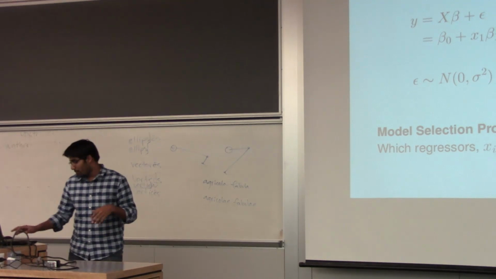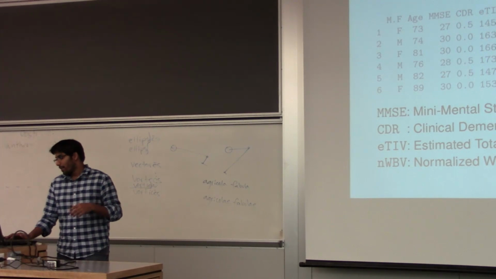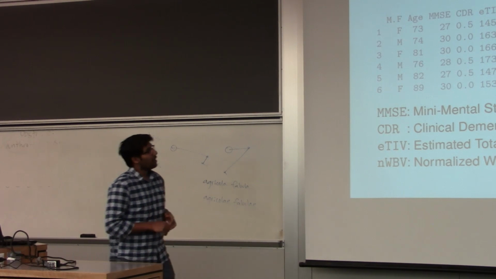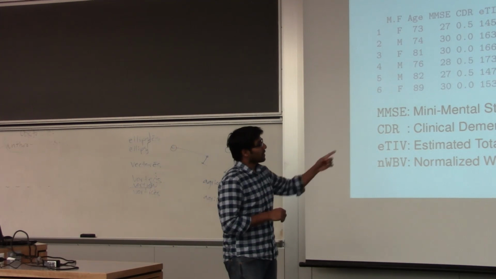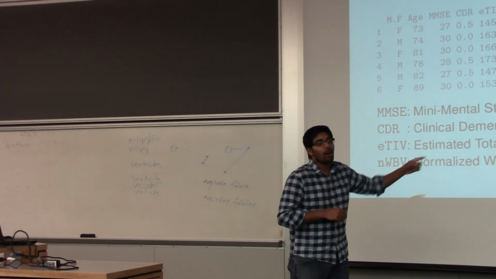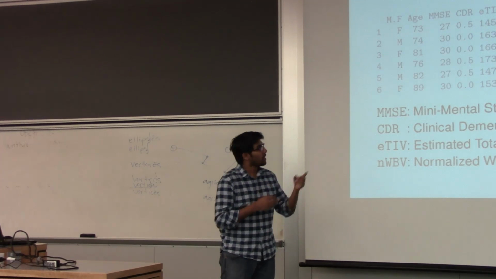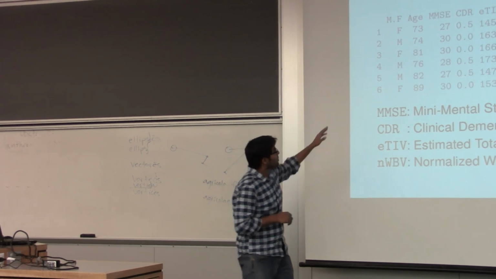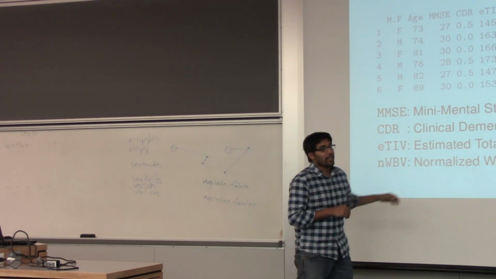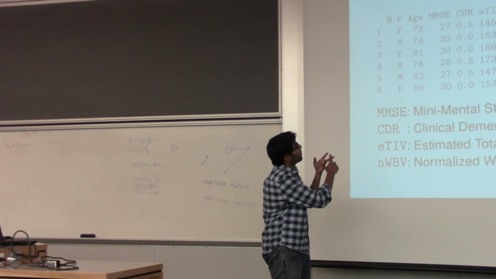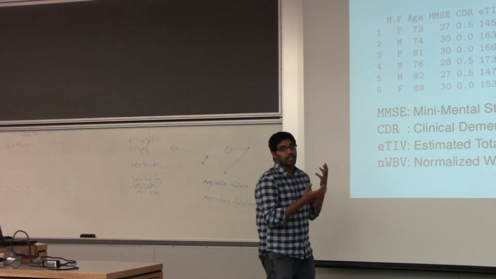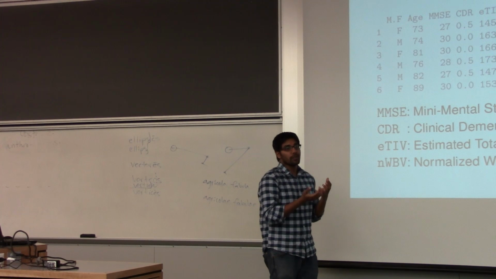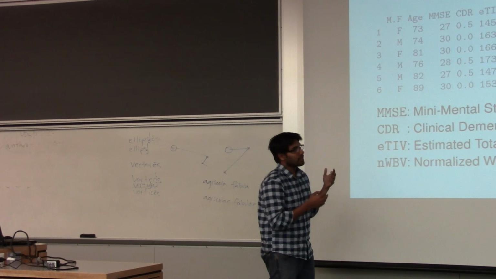Tom covered this example in the case of the OASIS brain data, where what you're interested in is the volume of a certain structure in the brain, in this case the hippocampus, and then you have all these other variables. You have age, you have MMSE, which is a clinical score, and it's correlated to Alzheimer's disease.